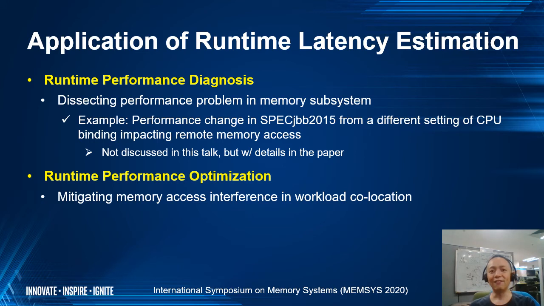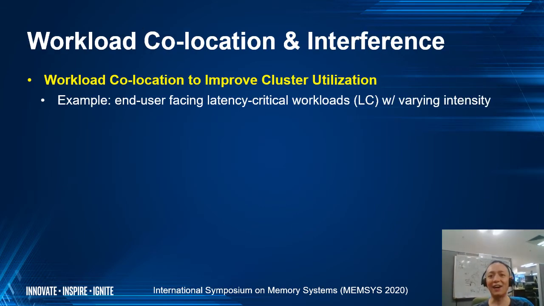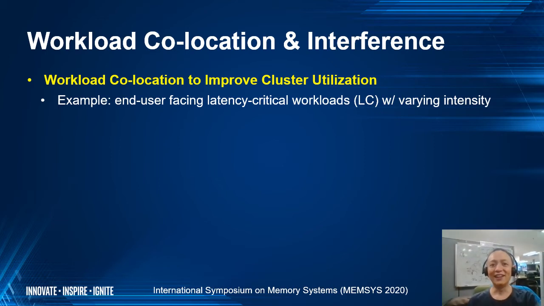In this talk, we focus on an example of applying the estimation method in runtime performance optimization. Specifically, we show how it can be used to mitigate memory access interference in workload collocation. Workload collocation is a common paradigm to improve cluster utilization. A typical example is in data centers, where user-facing workloads are hosted.